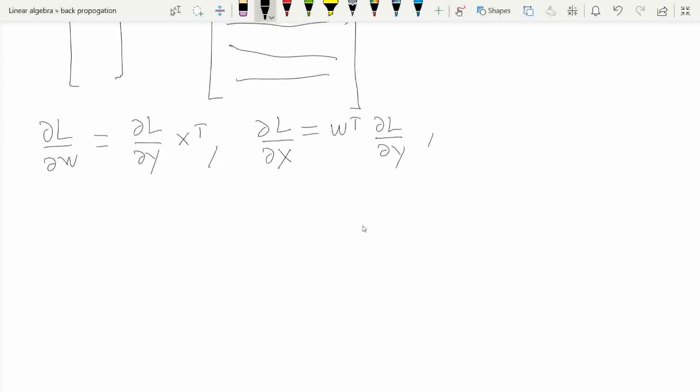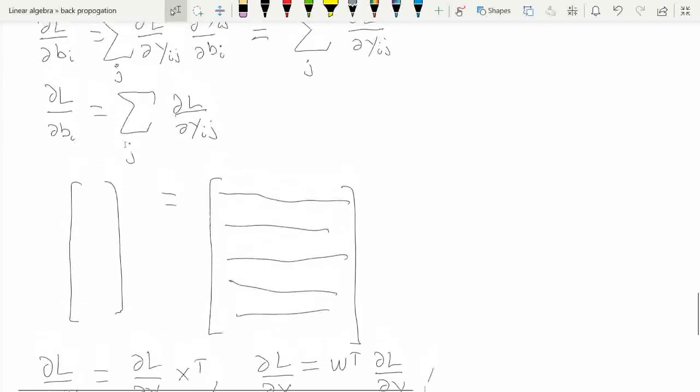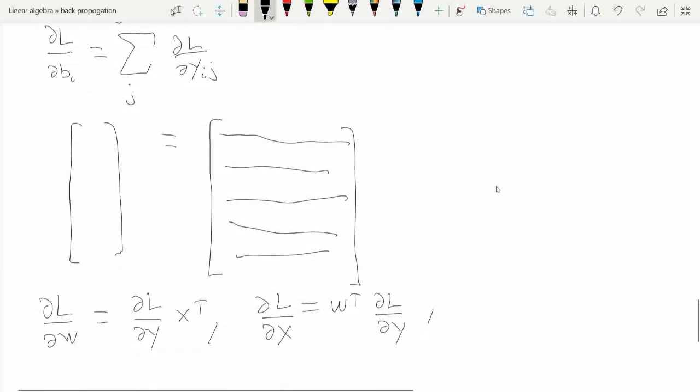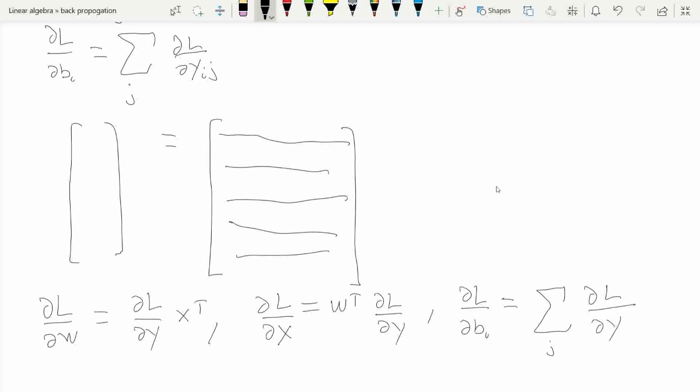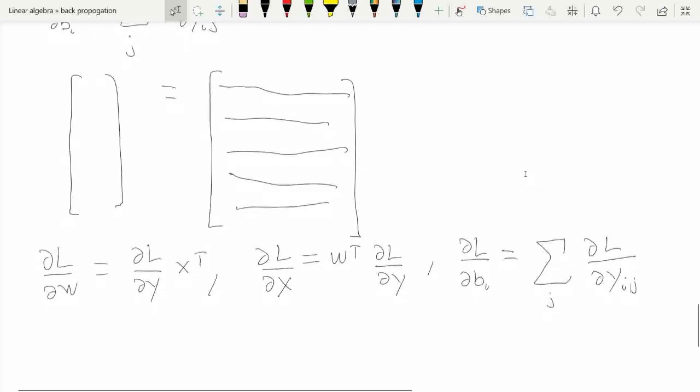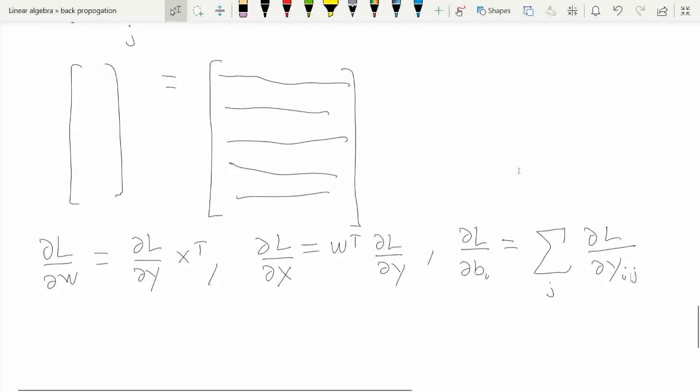And then we've got this slightly less nice formula for the bias: partial L by partial b_i is the sum over j of partial L by partial y_ij. So there it is. Thank you for watching.